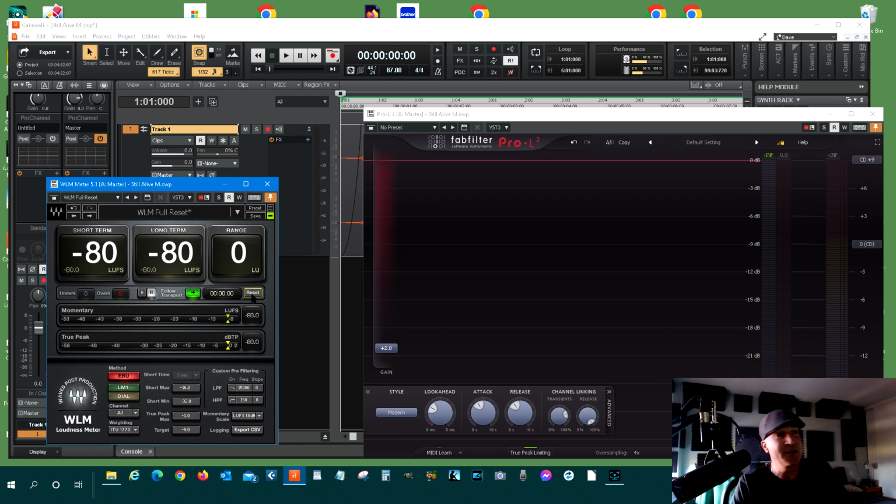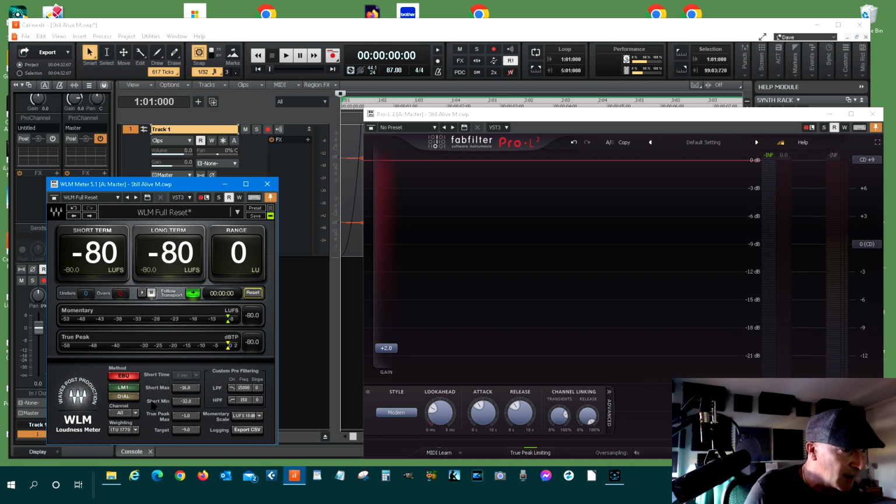So I hit reset if I got to do this over and over after, and things aren't sounding right. And true peak max I set to -1. I used to know why I did that, but now I just don't. This is the optimum setting, and my target is -9. So I set that.